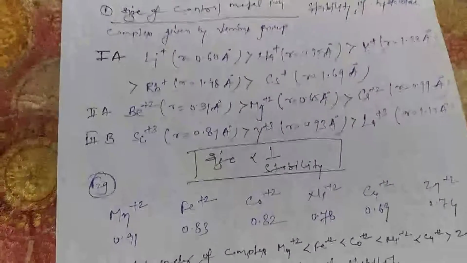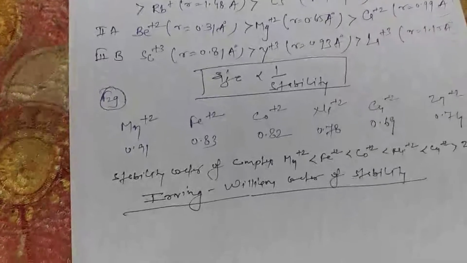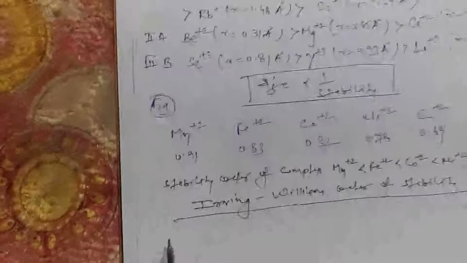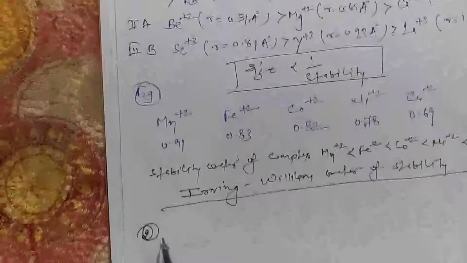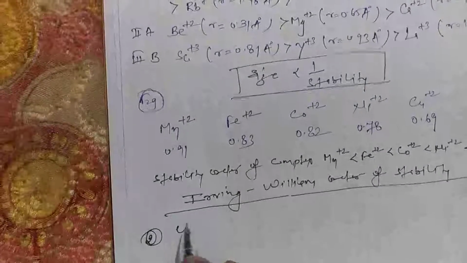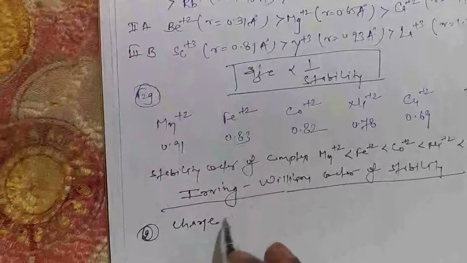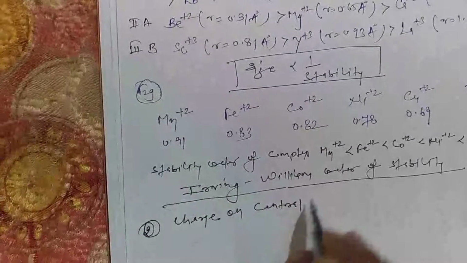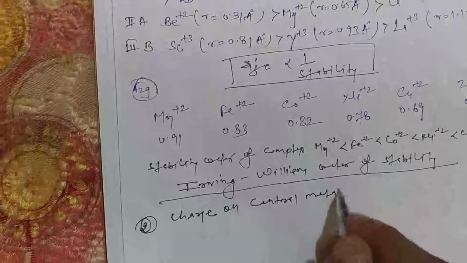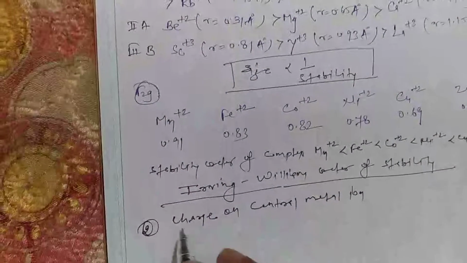Because here the charge is similar within a group, but if we have a different charge, what will happen in that case? So the second is the charge on the central metal ion.